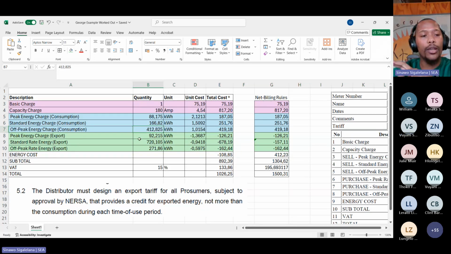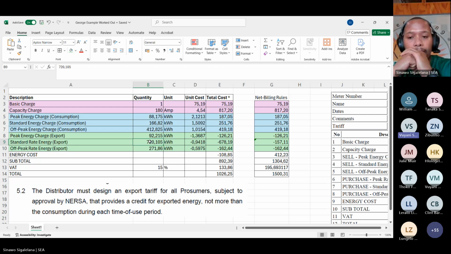Before you continue, sorry, off-peak is 412 consumption and export is 271. Okay, you can continue. Sorry, no, I'm talking about the standard. Standard is actually what I was referring to. Apologies for that one. Right. So which brings, because now we can offset those two.